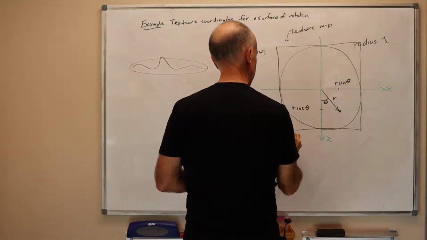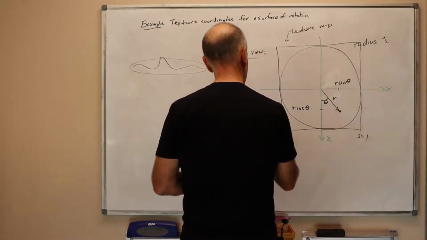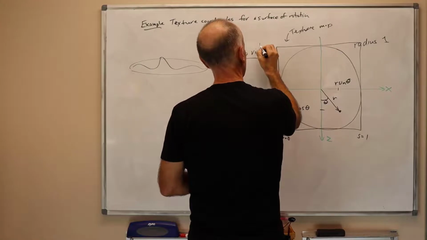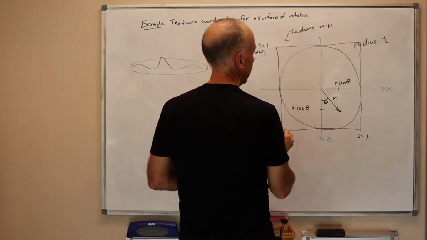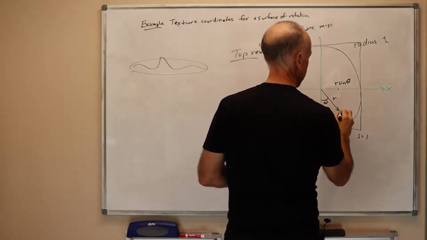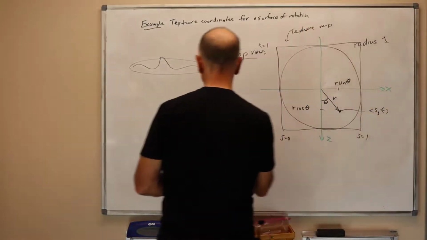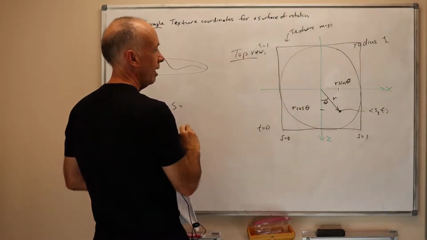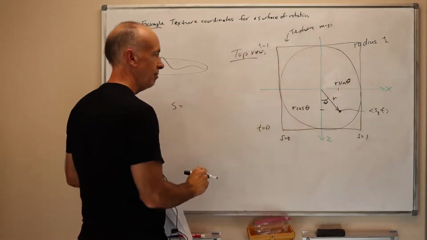So this is s equals 0 on the left-hand side, s equals 1 on the right-hand side, t equals 0 on the bottom, t equals 1 at the top. And the texture coordinates for this point are going to be some st, where we think of s as going from here to here, so s is going to be based on the x value.